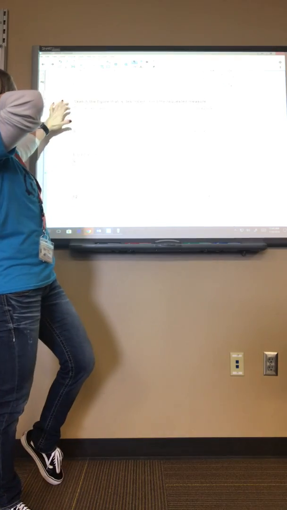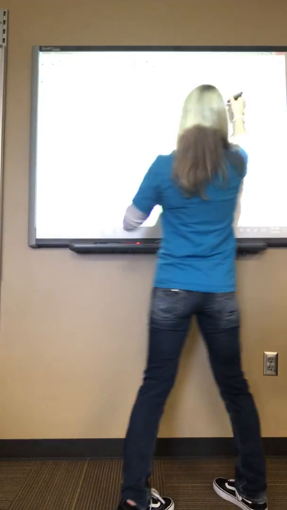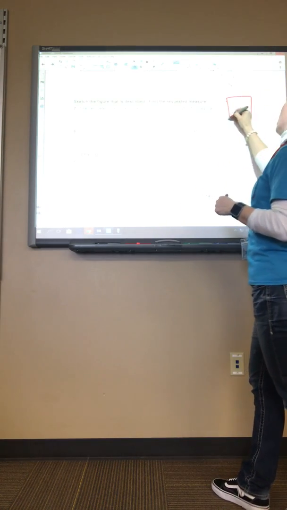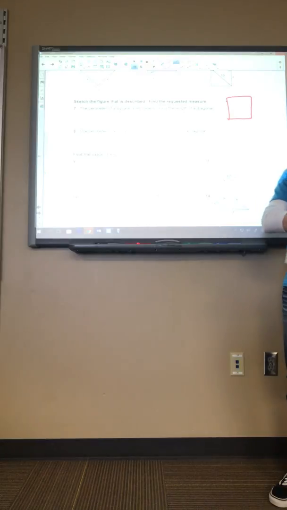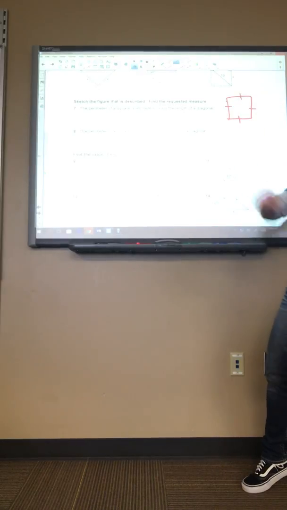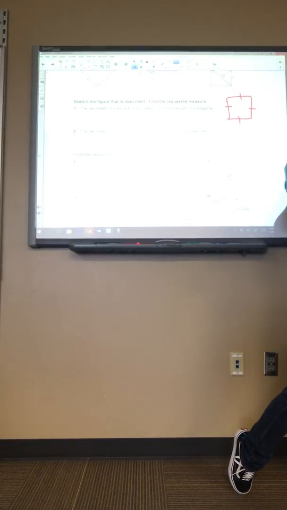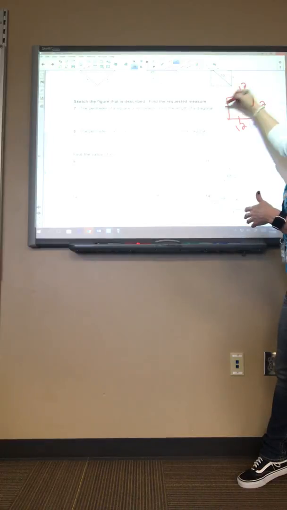Do you want me to look at 7 and 8 though? Okay. Easy. So 7 says the perimeter of a square. What's perimeter mean? All the outside. Adds up to 48. Well, on a square, every side's the same, right? So what's 48 divided by 4? So I know every side is 12.